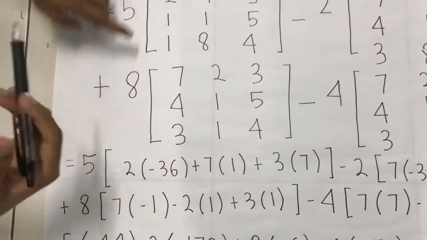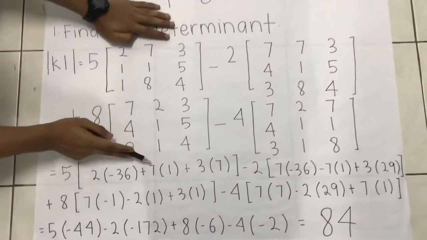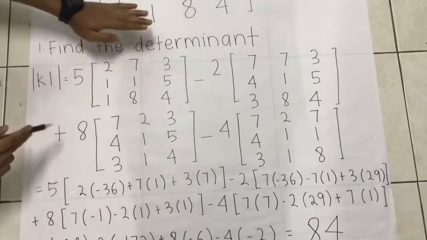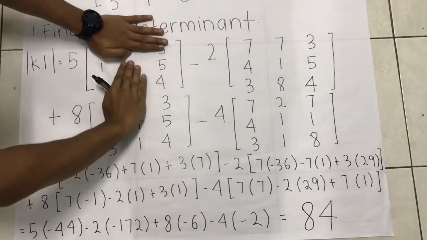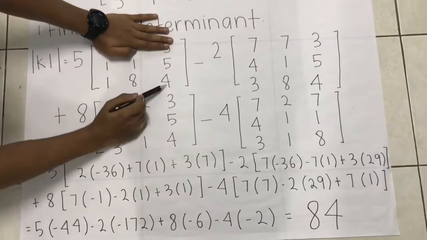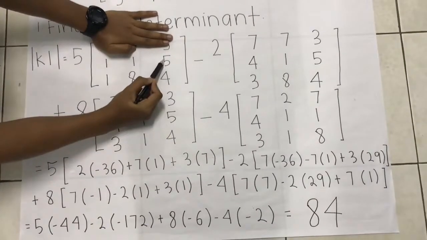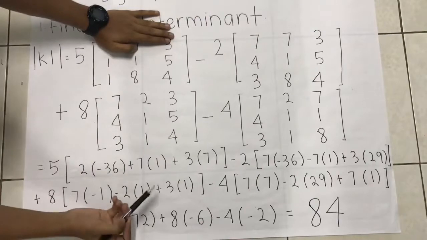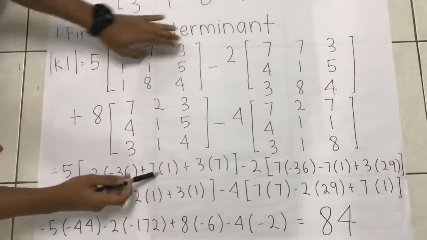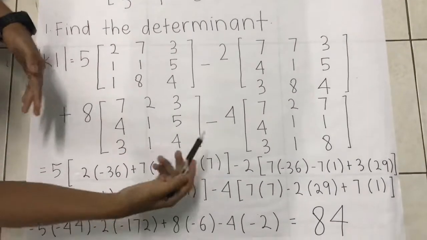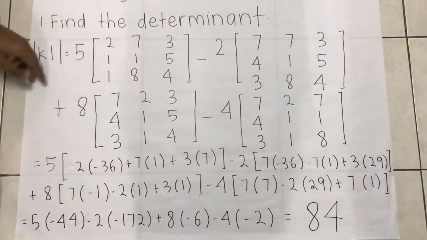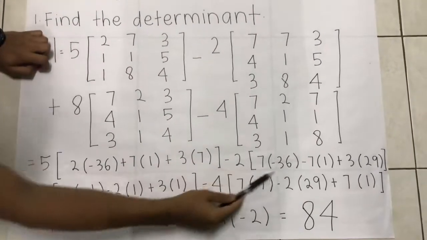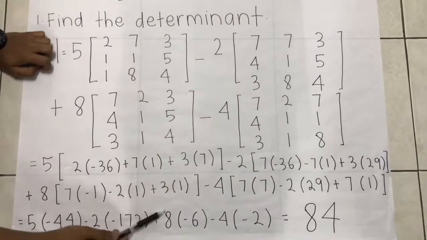As well for the second one, we close first row and second column. So we get 1 times 4 minus 5 times 4, so we get 1. So continue to the next steps until we get all these cofactors.